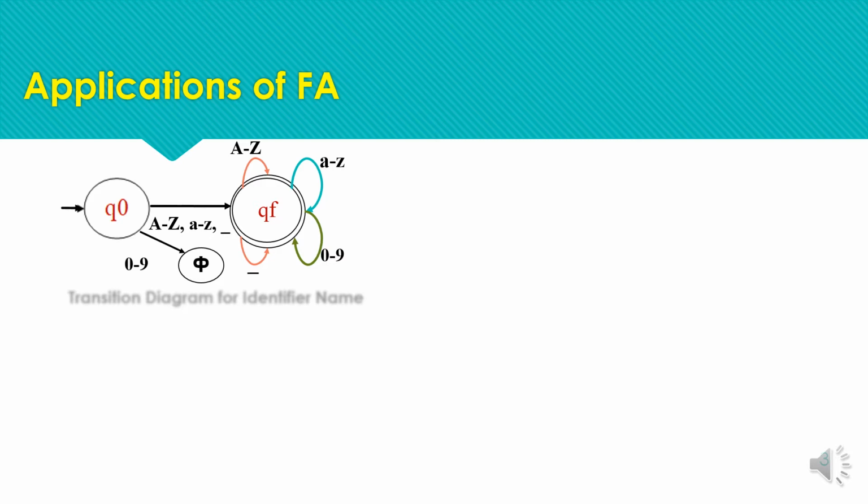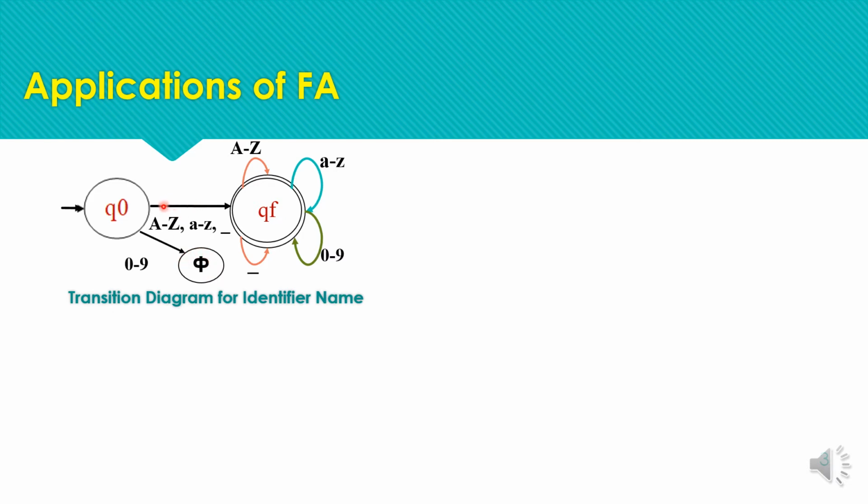Like here, we have this transition diagram for the identification of identifier names, as our first requirement is that the first symbol cannot be a digit. So, if a digit is encountered at the initial state, we move the transition to the dead state.